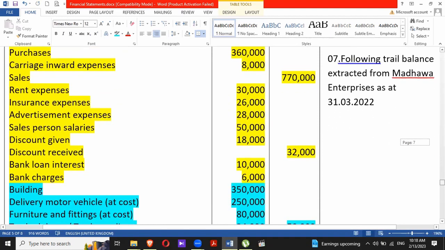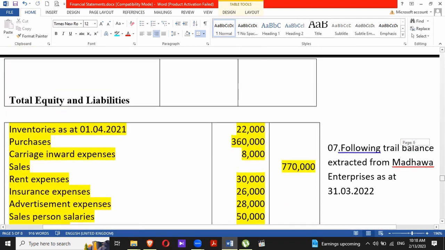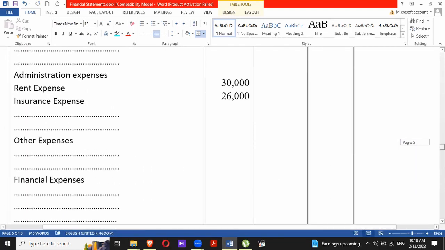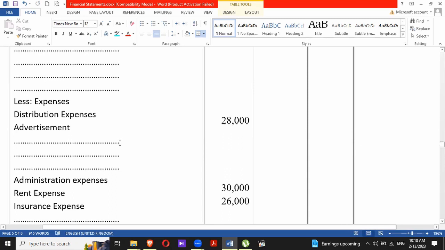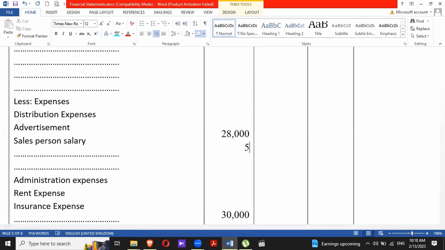Right, next one. Salesperson salary is 50,000. Under distribution, salesperson salaries. Salesperson salary 50,000. It comes under distribution, right?